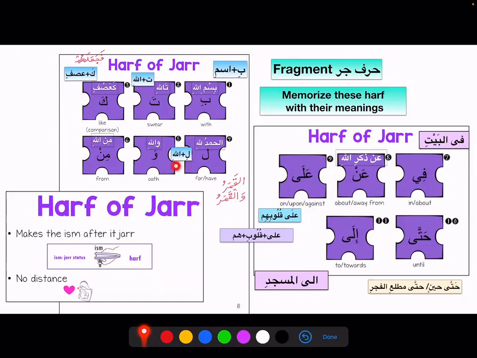The word Allah is ism majrur over here. Lillahi, alhamdu: all praise and gratitude belongs to Allah, or is for Allah, right? All these translations work: for, or even has. So all praise and gratitude Allah subhanahu wa ta'ala has.